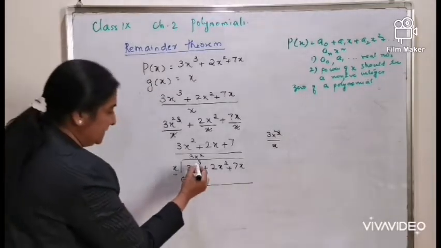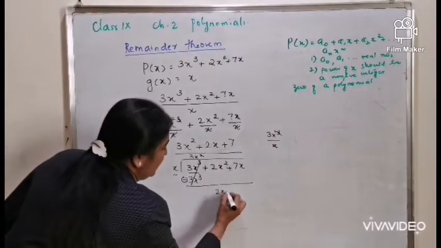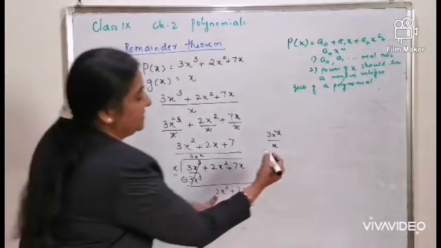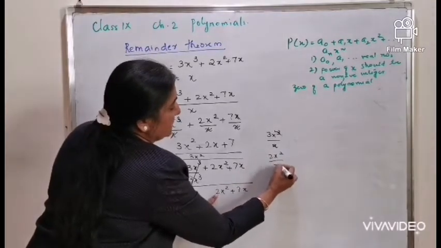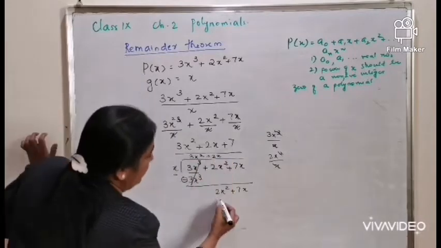Let's subtract; this term gets cancelled. Then 2x square plus 7x: 2x square divided by x gives you 2x.